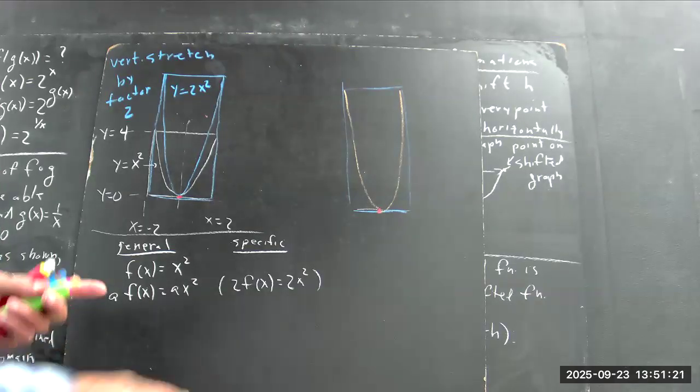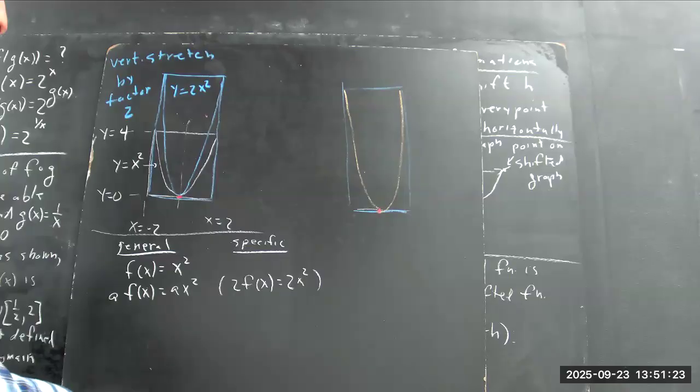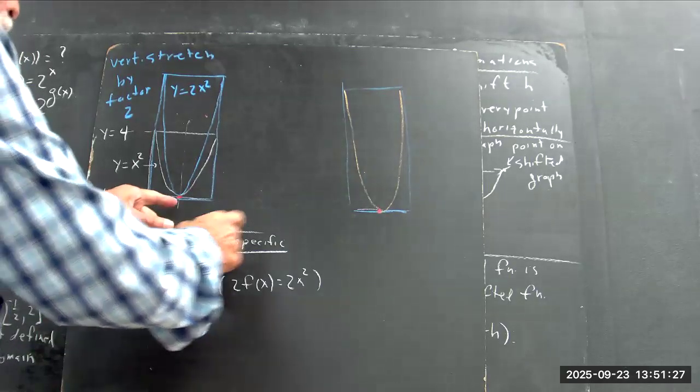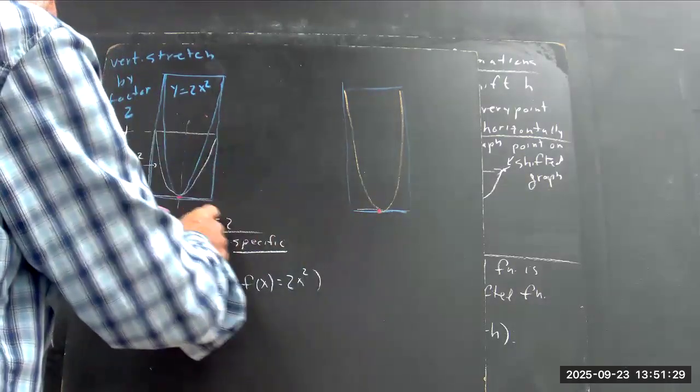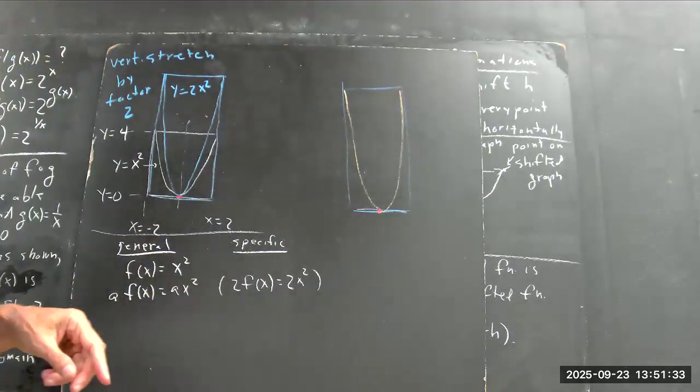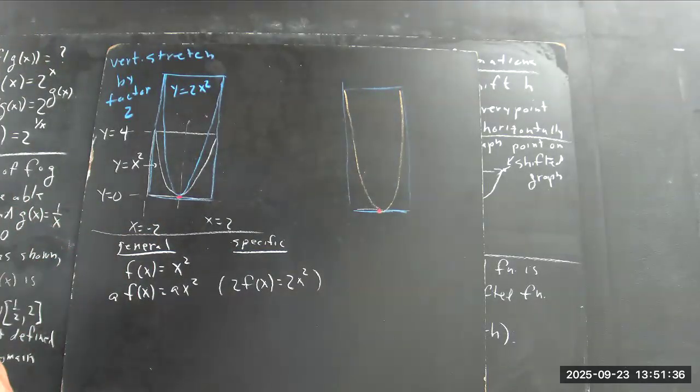Okay. Now, how far does it look like I shifted it? Show me with your fingers. Here's x equals -2, here's 2. So this is 4 units. How far did we shift from here to here?